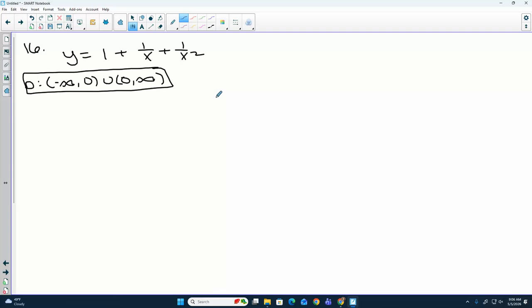And then I asked for x and y intercepts. An x-intercept is when y is equal to 0. If you multiply everything by x squared, does anything multiply to 1 and add to 1?